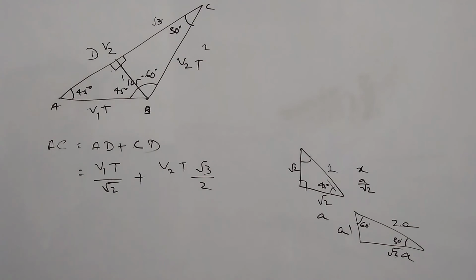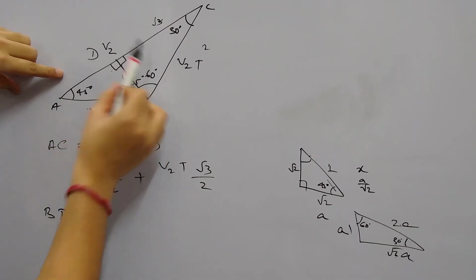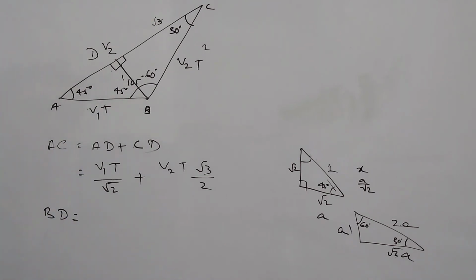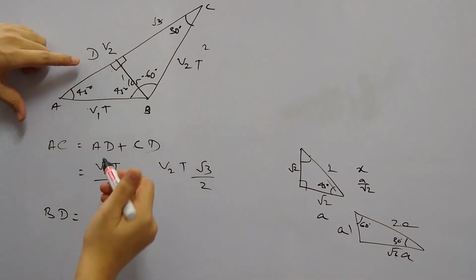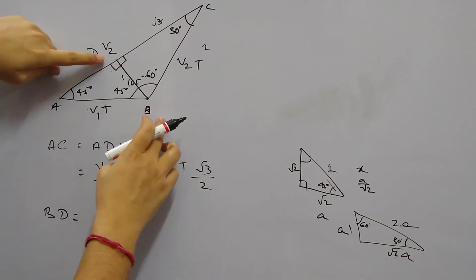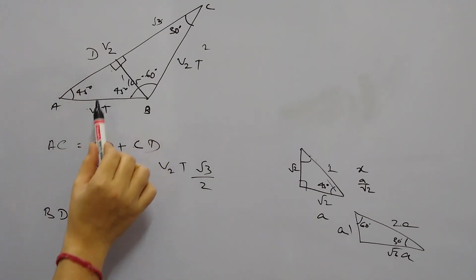So again, if we follow the same concept, then BD can be written in two terms. BD can be written either from the relation of this triangle or from the relation of these triangles, and we can compare it. So here BD would be, this is root 2, 1.